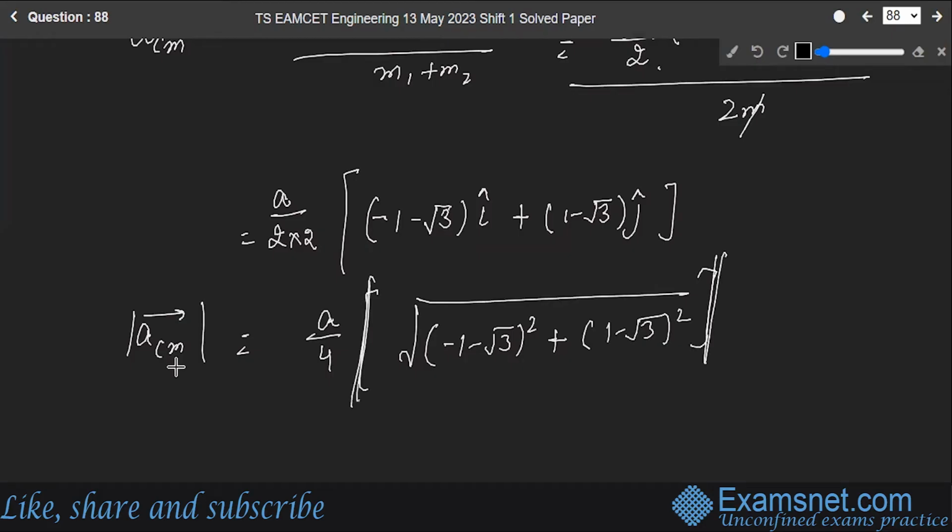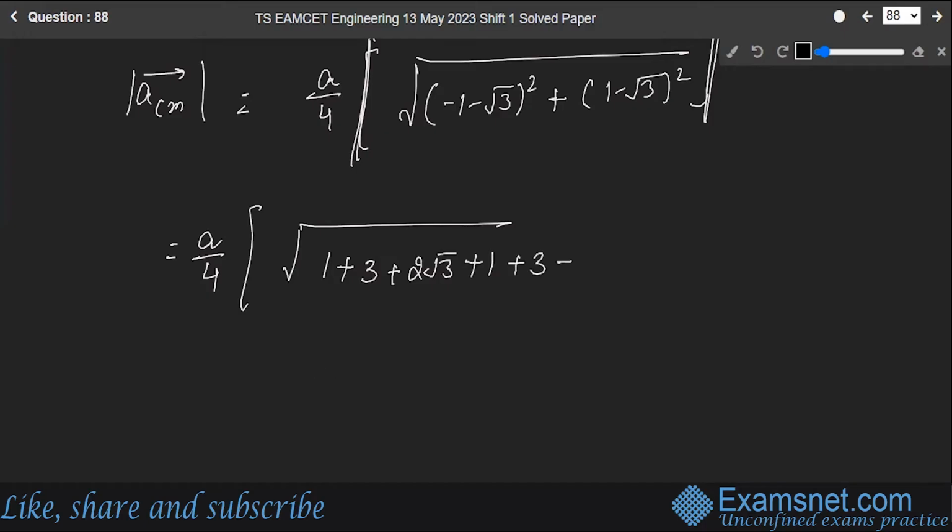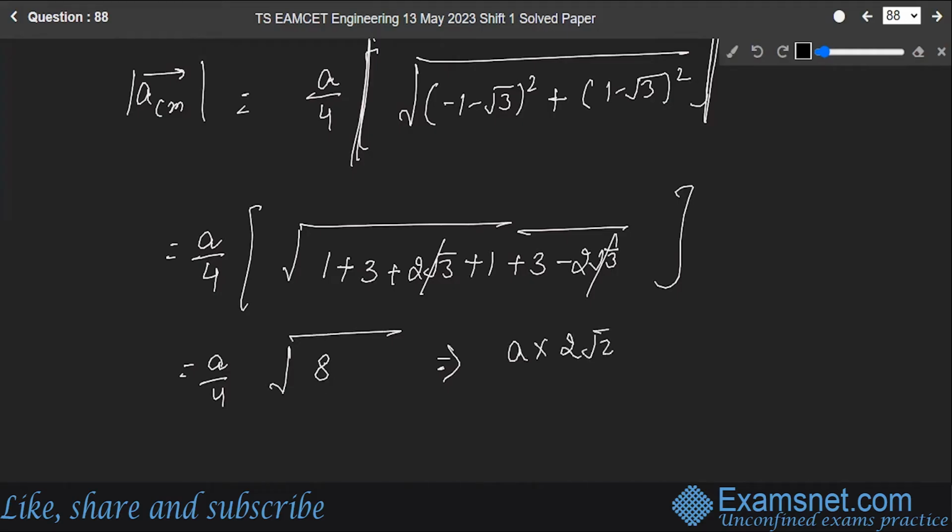This is equal to a by 4 root of 1 plus 3 plus 2 root 3 plus 1 plus 3 minus 2 root 3. This and this will cancel. You have a by 4 root of 4 plus 4, that is 8. So this will be a into 2 root 2 upon 4, or you have a upon root 2.